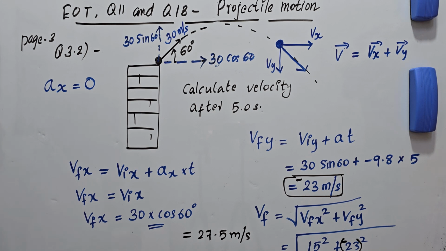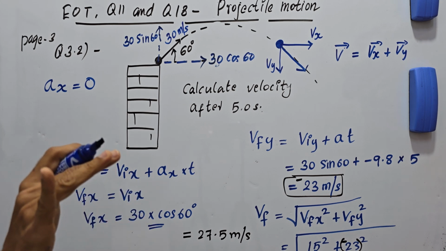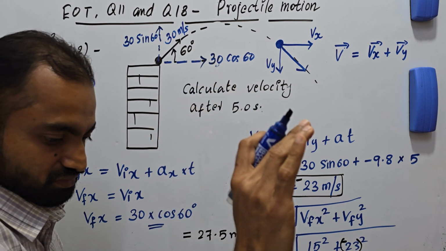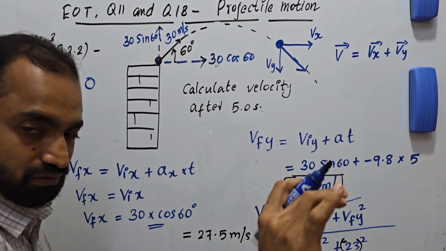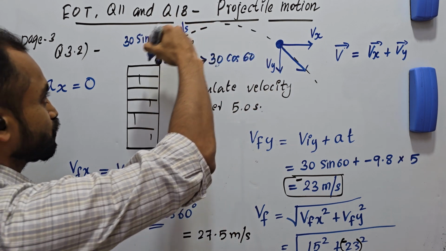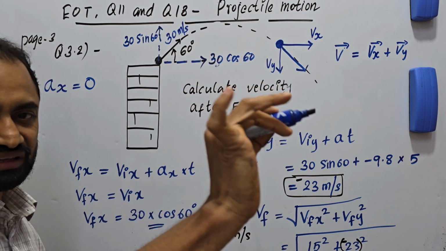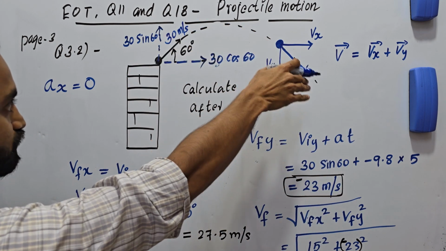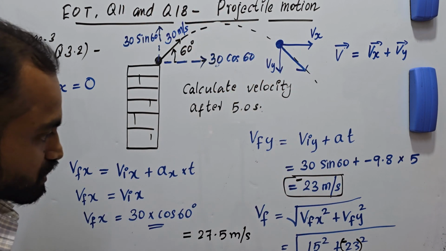Is it clear, students? Always. In a projectile motion, always. In the question, if there is a projectile, like an object thrown at an angle, anything, acceleration along the horizontal direction is always 0 for a projectile motion. Anything else?